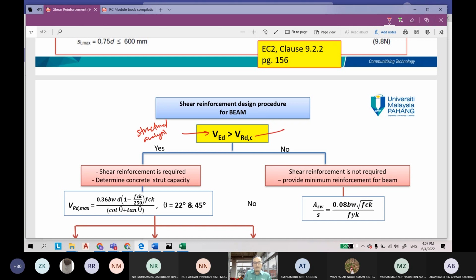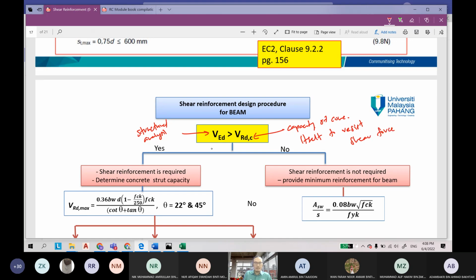And then the VRD is the capacity of concrete itself to resist shear force.